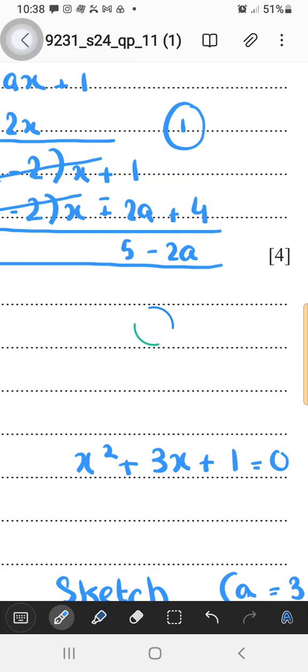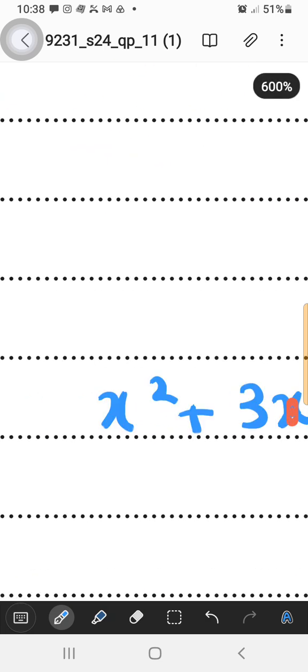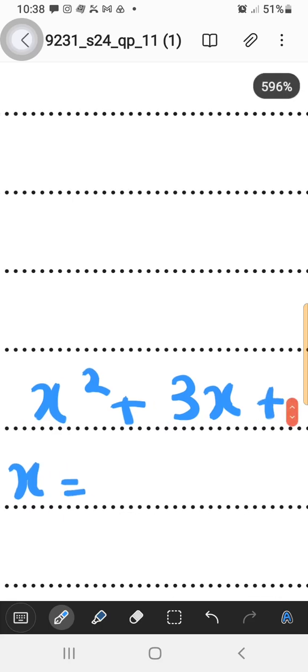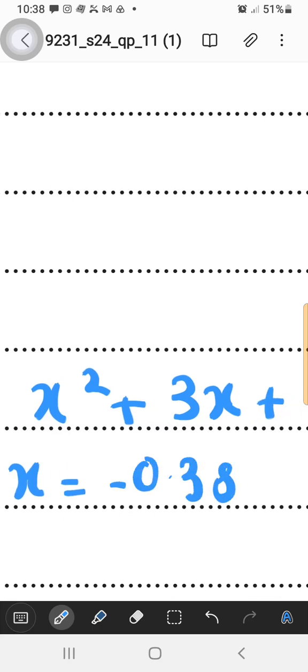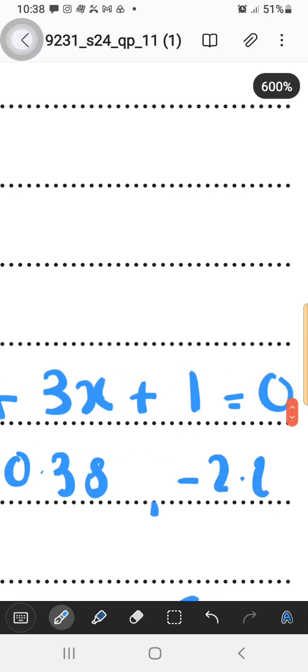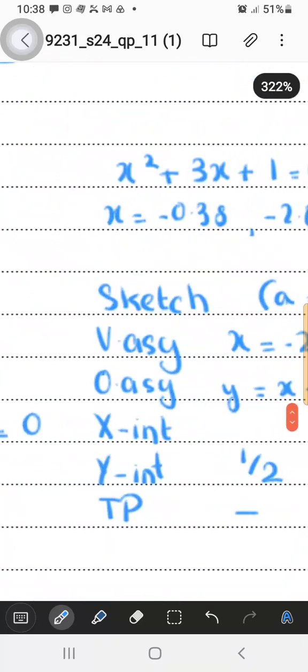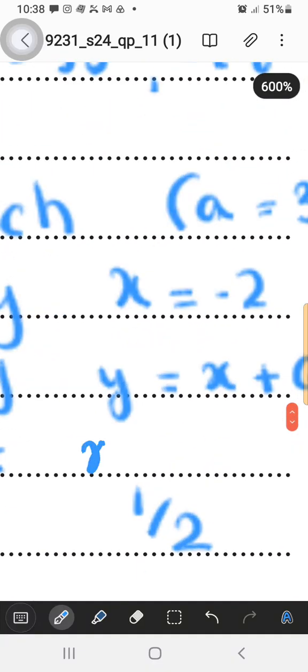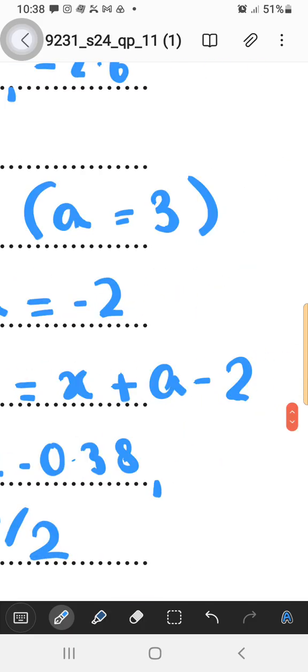You will get the answer in surd form. Instead of writing it in surd form, you can write it in decimals, which will help you to sketch. I am getting -0.38 and -2.6.